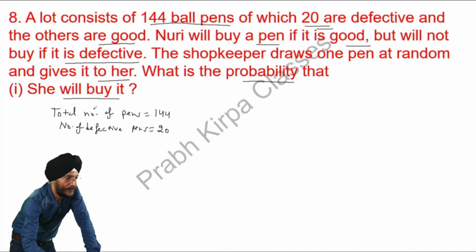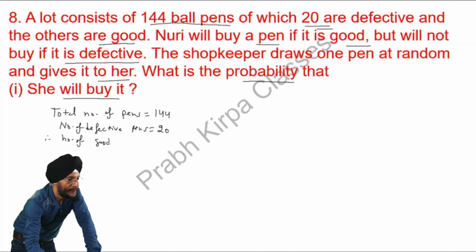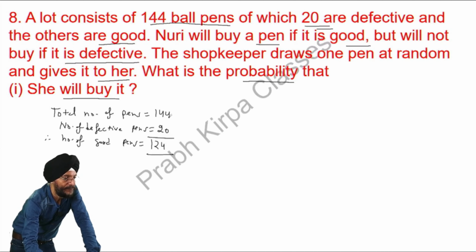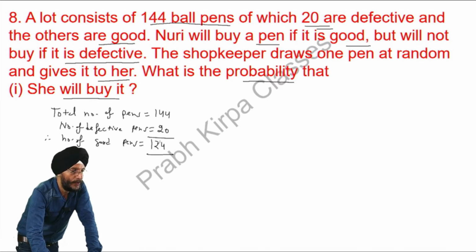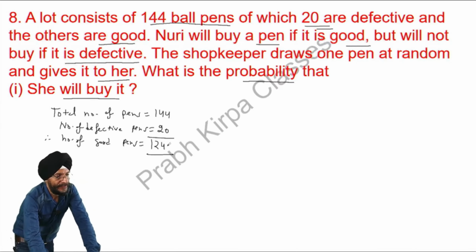And the others are good. So now the number of good pens are 124. If we deduct 20 from the total lot of 144, the good pens will arrive. So the number of good pens are 124.